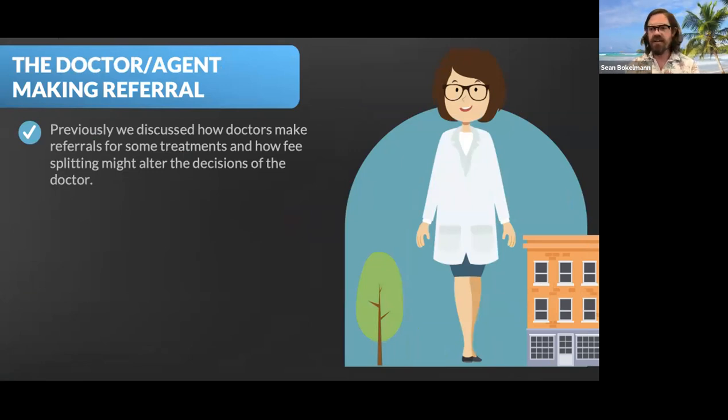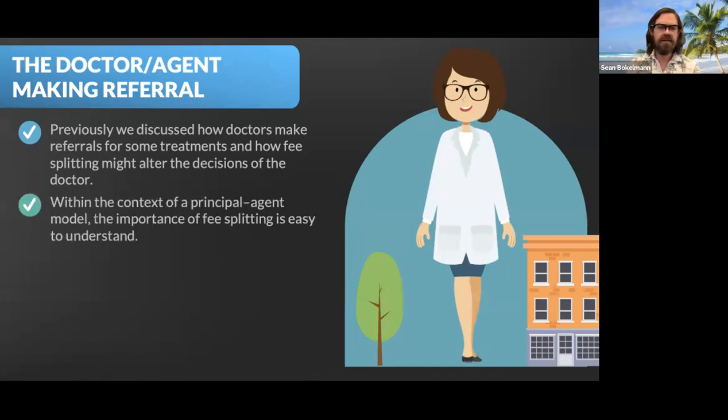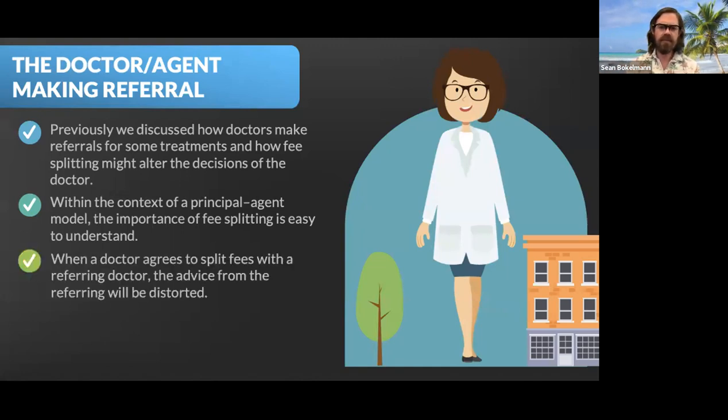All right, so we've talked about this referral issue before, particularly with regard to fee splitting, right? And how if there's fee splitting, then that might alter the decisions of the doctor. And this fee splitting is very much a principal agent problem, right? So, very simply, when the doctor agrees to split fees with a referring doctor, the advice from the referring doctor will be distorted.